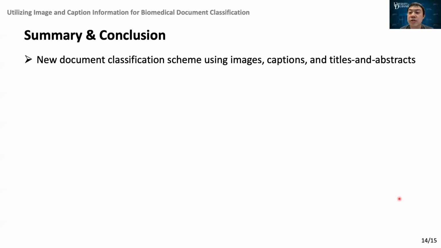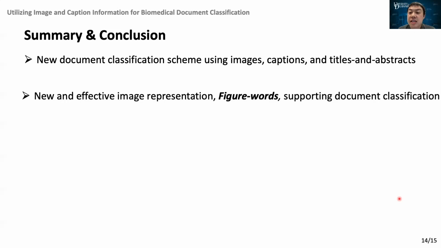To summarize, we introduced a new biomedical document classification scheme using information derived from both images and captions, in addition to the title and abstract. Our experiments and results demonstrate the effectiveness of our newly proposed figure word for representing images and for improving document classification.